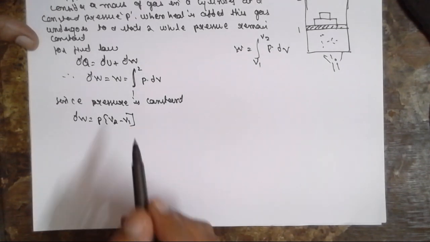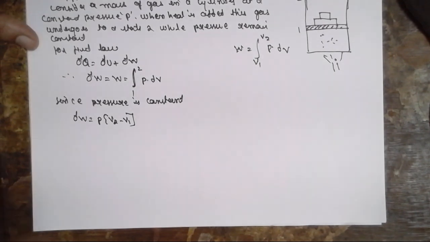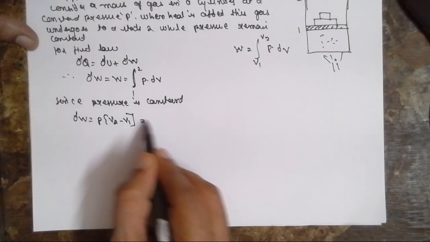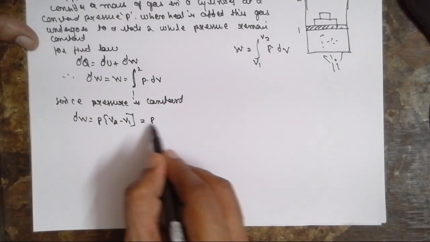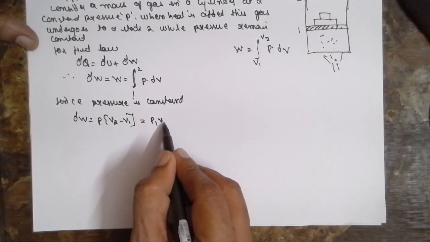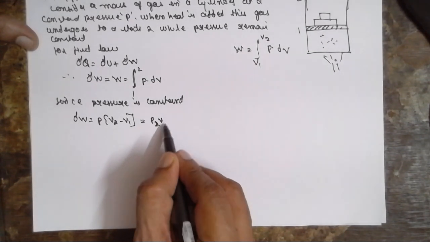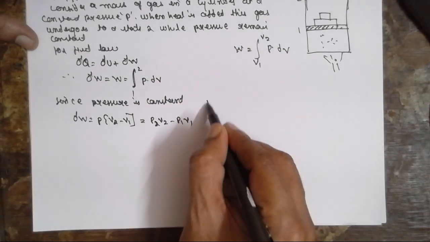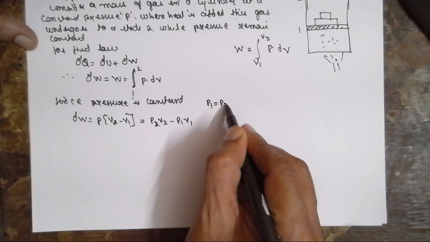Chapter 2, module 1. If you multiply further, you can write P2 V2 minus P1 V1, because in constant pressure P1 is equal to P2.